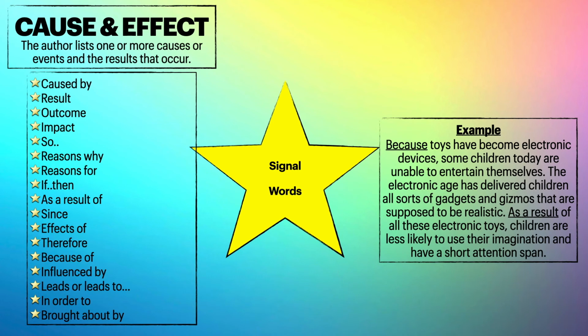As a result of all of these electronic toys, children are less likely to have their imagination and have a short attention span. So the author in this passage is explaining the cause for something that has happened, or an effect on something that's happened in society, and the cause for it.